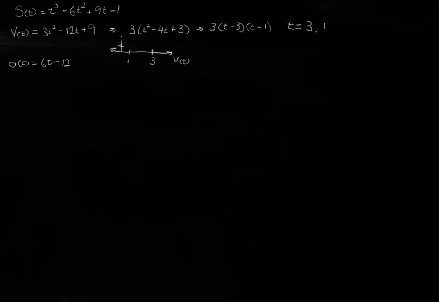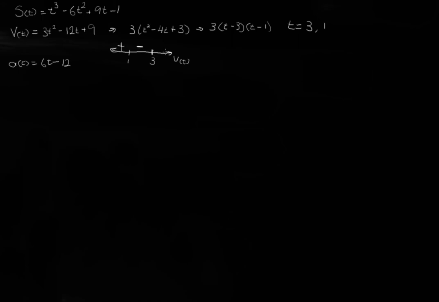And let's pick 2 and see what that does. So 2 squared is 4, 3 times 4 is 12, 12 times 2 is 24, so minus 12, plus 9 is going to be minus 3, so in here it's negative.